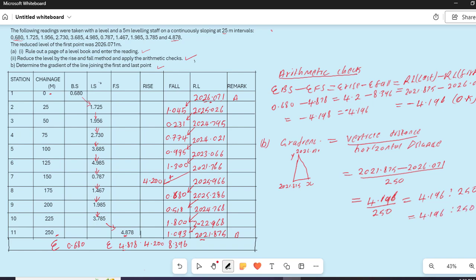I divide everything by 4.196 on both sides, so this is common, and I have 1 is to 250 divided by 4.196. This gives me 59.666, which I can just say is 60. So my gradient will be 1 is to 60, and that is the gradient for the surveying work.